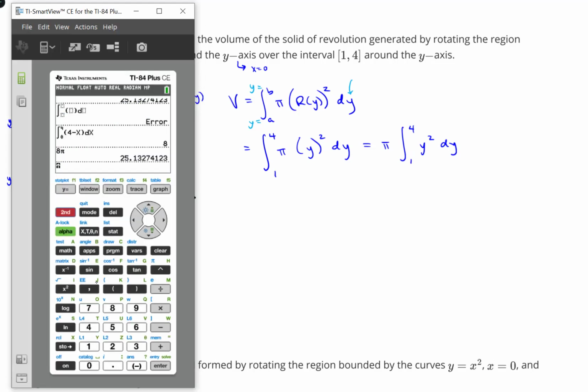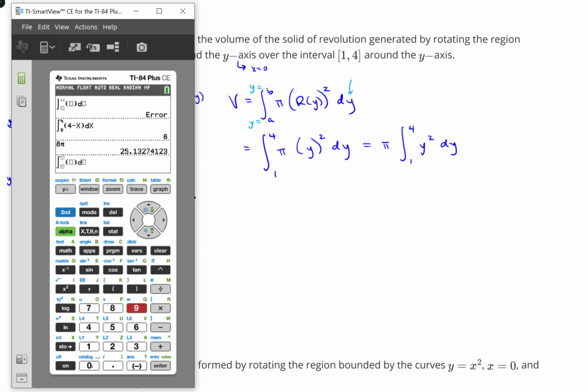So let's try it out here. Oops, I thought I hit math there. 9. All right, integrating from 1 to 4, and I'm leaving the constant pi out. I can use x or y at this point. It doesn't really make a whole lot of difference.